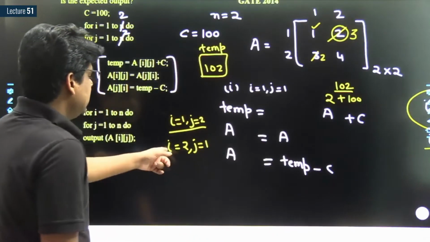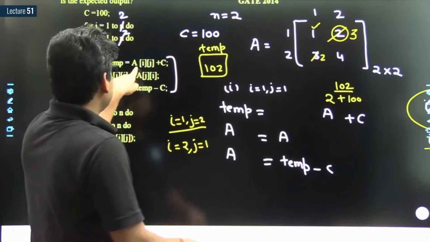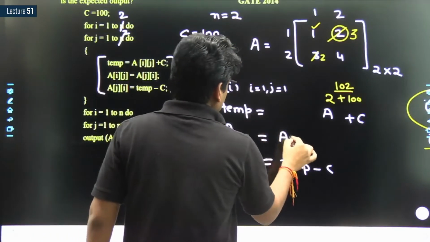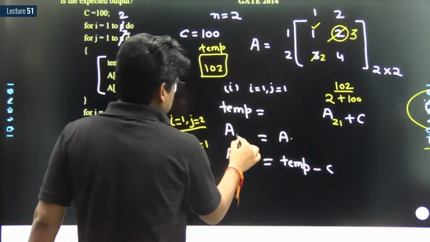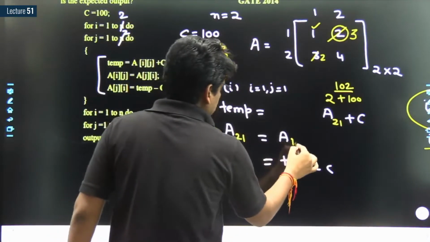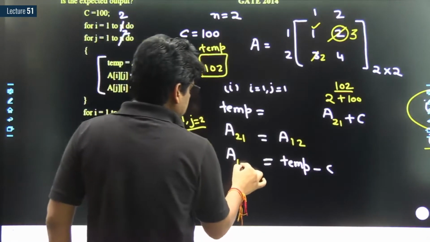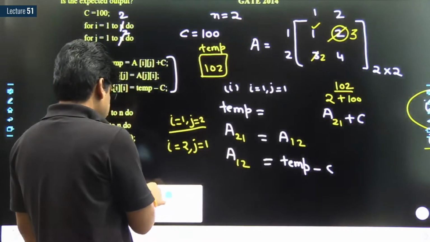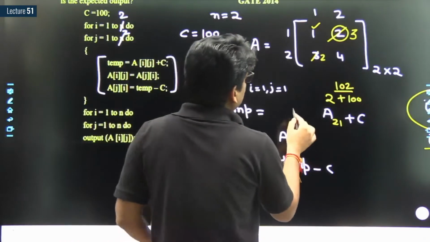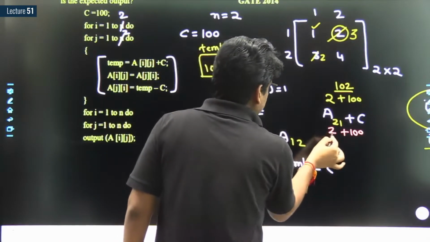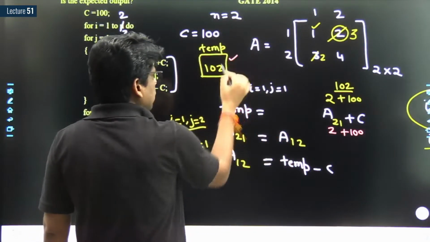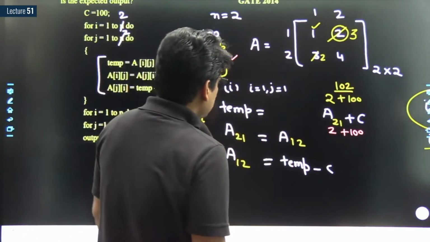Sir, I is 2, j is 1. That means temp is equal to A21 plus C. Ij, that is 21. Ji, that means 12. First statement, sir, A21, but the updated value of A21 is 2. That means 2 plus 100, the new value of temp is 102.